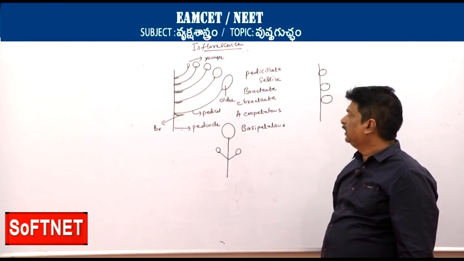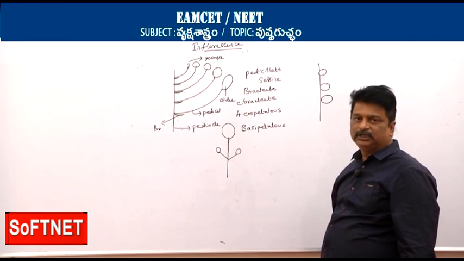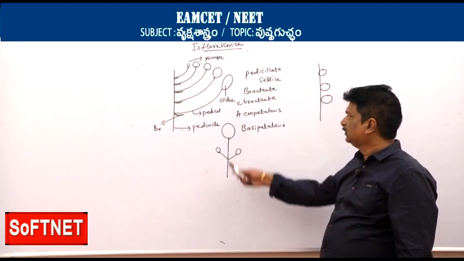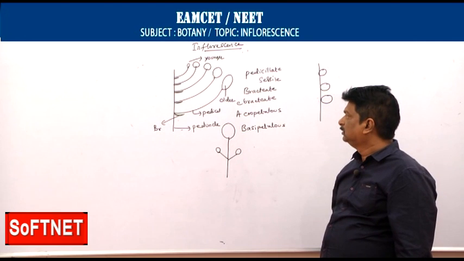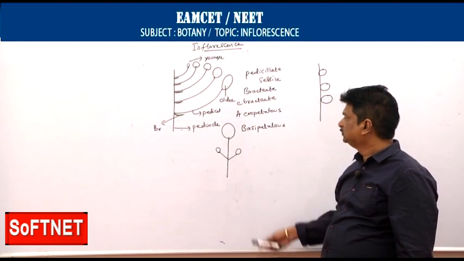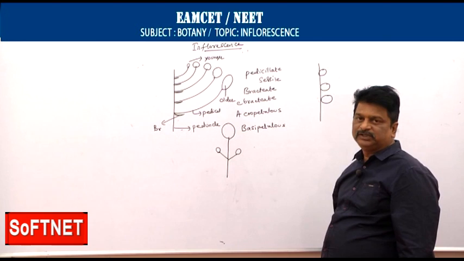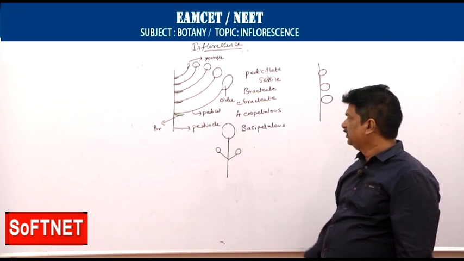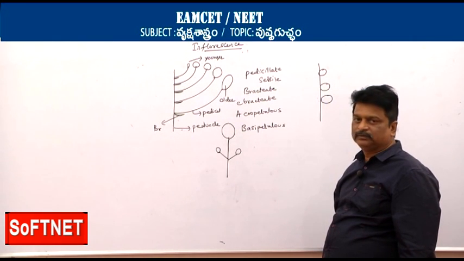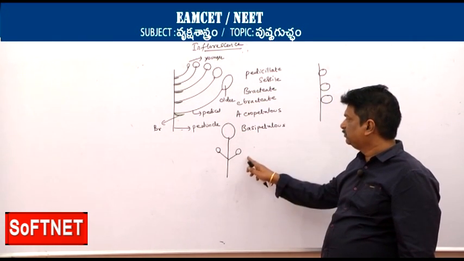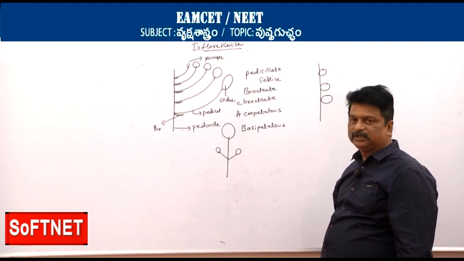Acropetallous means younger flowers at the apex and older flowers at the base. Second one, basipetallous: older flowers at the apex and younger flowers at the base. Such an arrangement is called basipetallous.